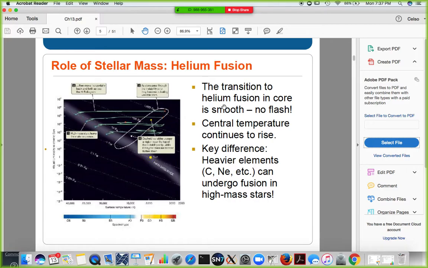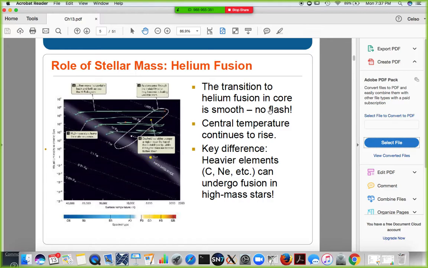And when the hydrogen in their core is exhausted, there is no flash. They initiate the fusion of helium into carbon and oxygen right away. And when the core is completely exhausted of helium, it is now a carbon core, and the carbon initiates fusion reactions immediately into heavier elements, neon, and so on, and so on, and so on.